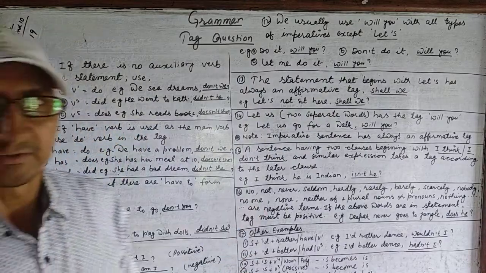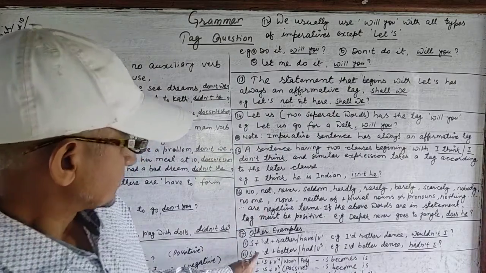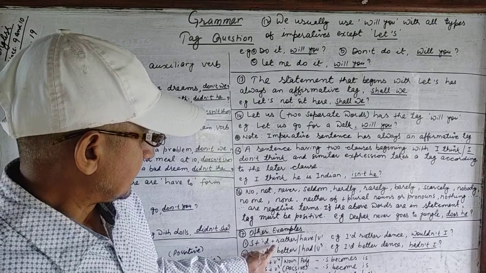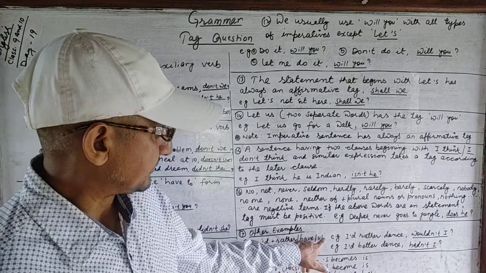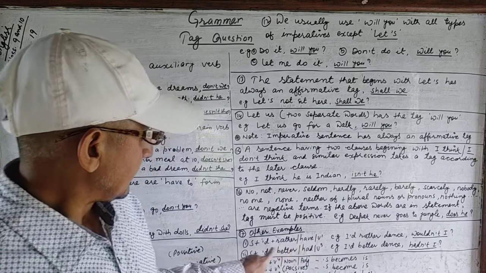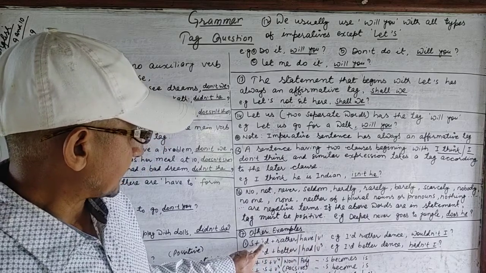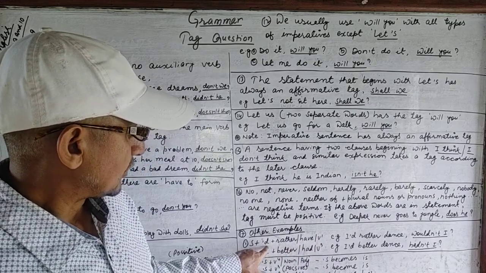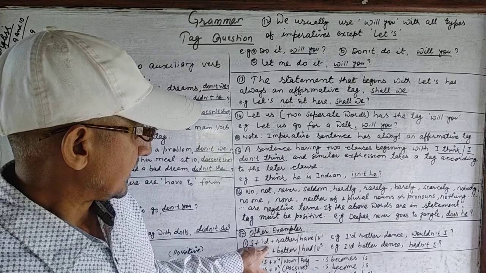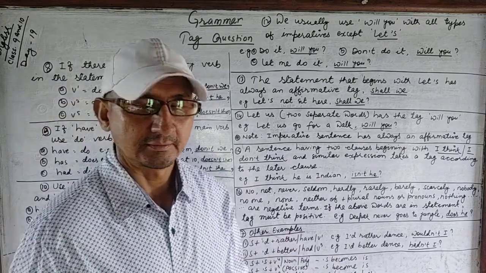Let's see other examples. Subject plus apostrophe d plus rather or have plus V1. If there is subject plus apostrophe d, it becomes "would".